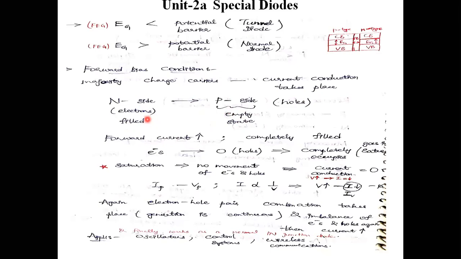Then due to this movement of electrons filling into these holes, forward current increases, until completely filling of all the holes by electrons takes place. That means all the electrons plunge into the hole states, completely occupying all the charge carriers on the p region side.